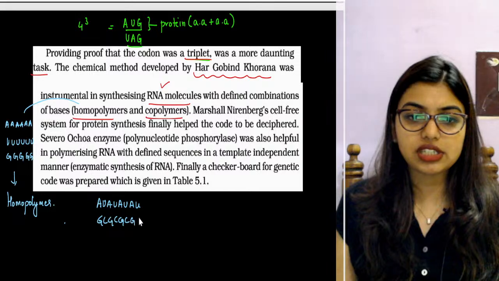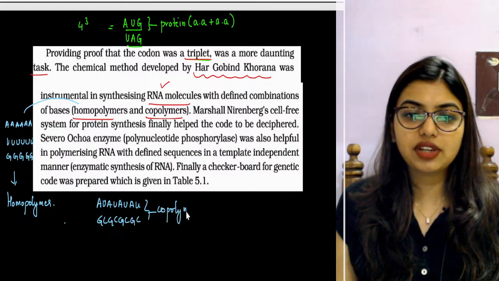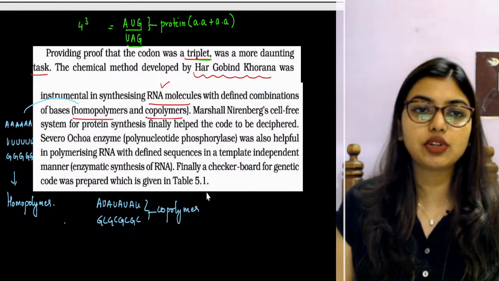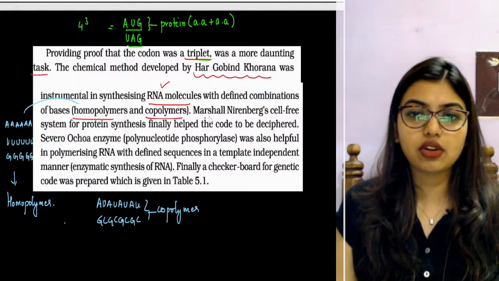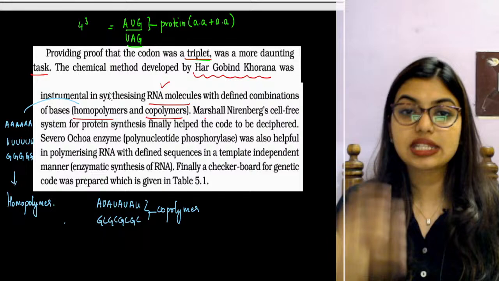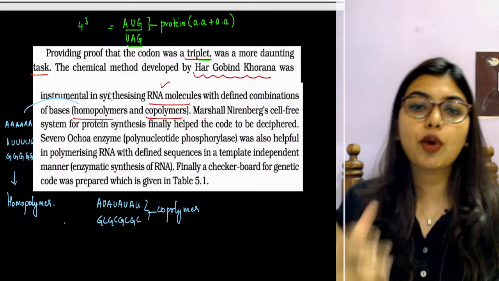These are copolymers. So they first started with this, then later they found out that we will do a combination of 3 and all of that. So Khorana was instrumental in synthesizing RNA molecules with defined combinations of bases.